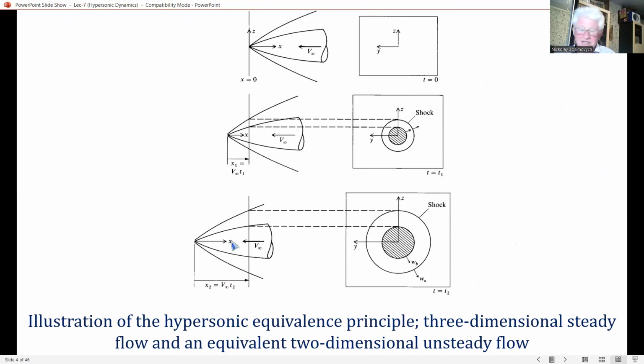A hypersonic body moving at velocity V infinity penetrates this plane. In this figure, the body is shown as a body of revolution, but in general, the body can have an arbitrary cross-section. The trace of the body and its shock wave on the YZ plane at three separate times is shown on the right of this figure.